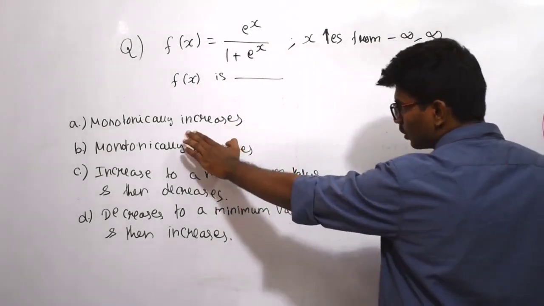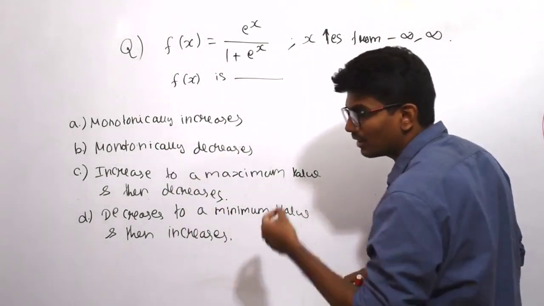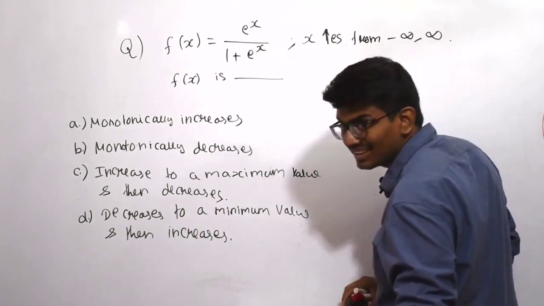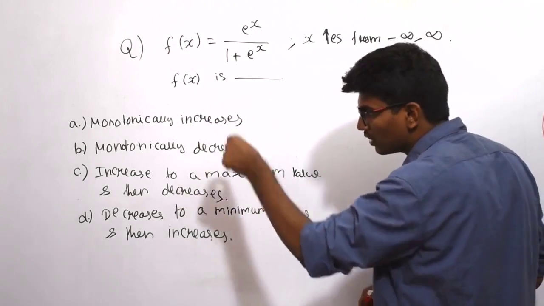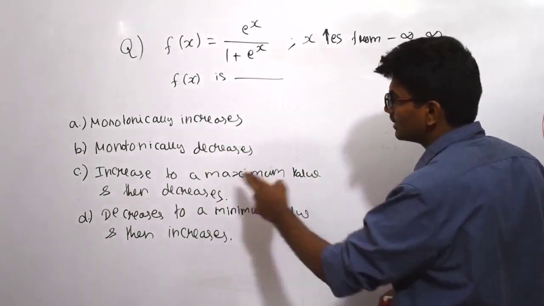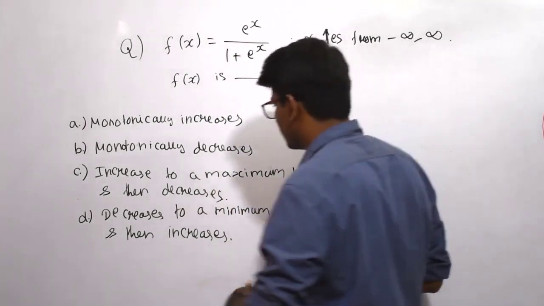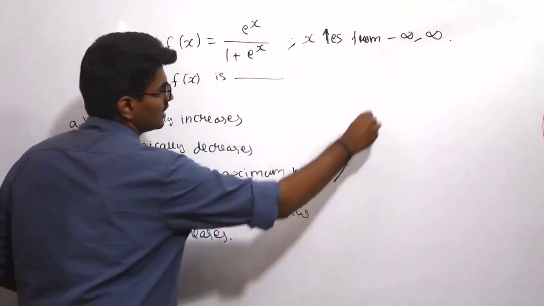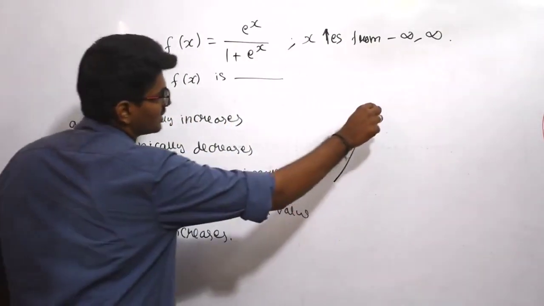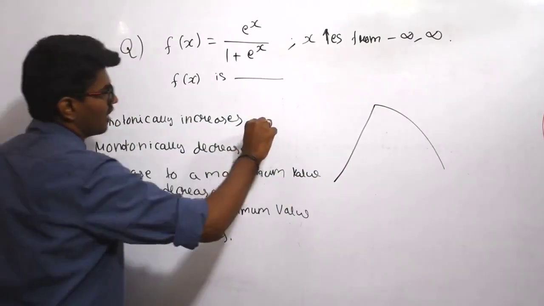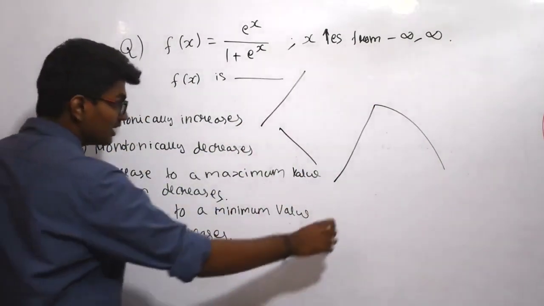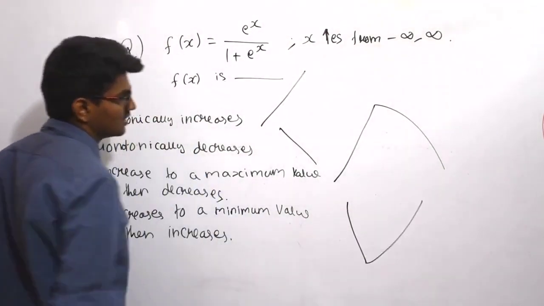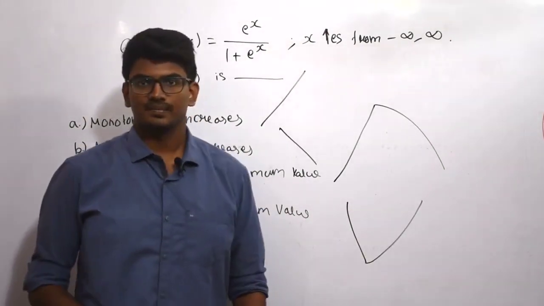Either it is increasing monotonically, or it is decreasing monotonically, or it increases to a maximum, which means it increases to some value and then decreases, or it decreases to a minimum value and then increases. This is what they are asking, right?